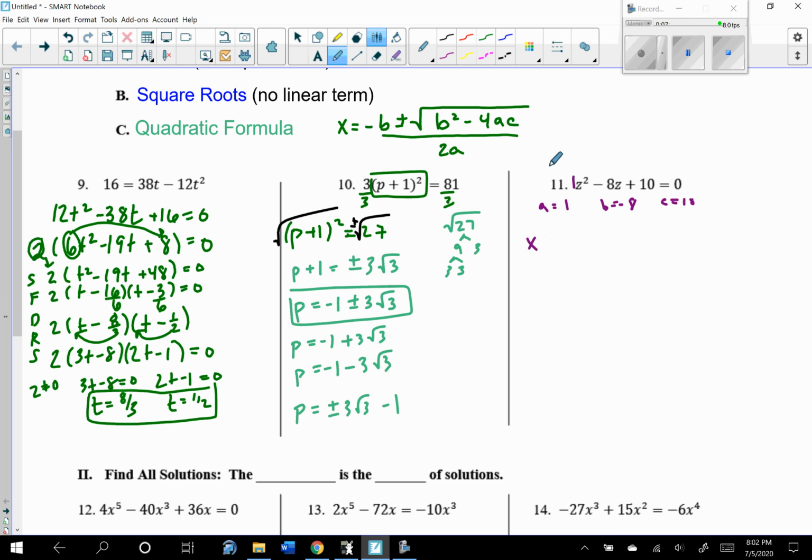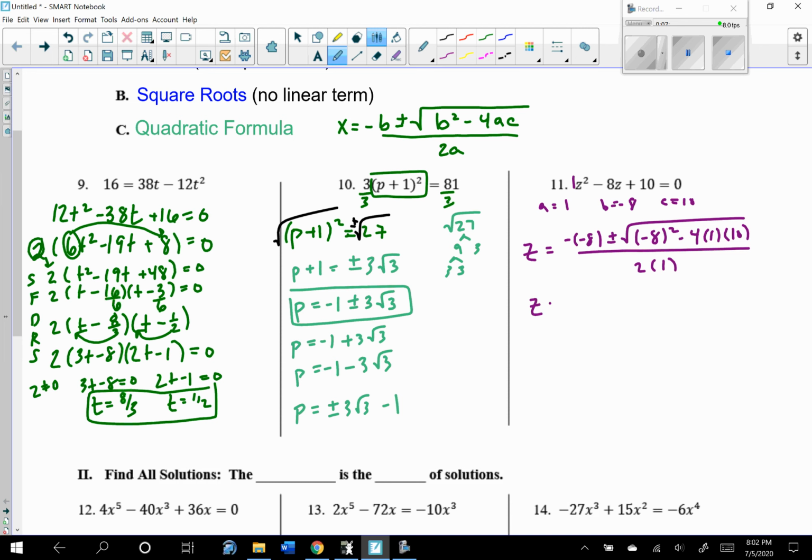Actually, we're not using x, we're using z for a variable. So z is equal to, we get negative b, so negative 8, plus or minus the square root of b squared, and because you're squaring that negative, make sure that you put it in parentheses, minus 4 times a times c, all divided by 2 times a.